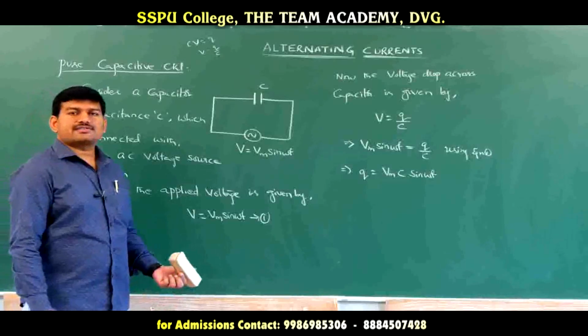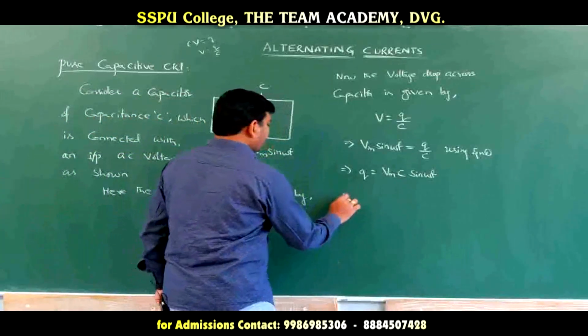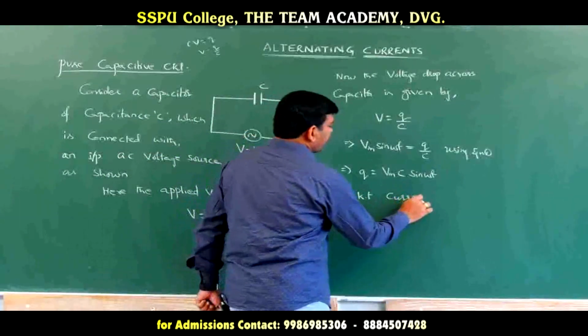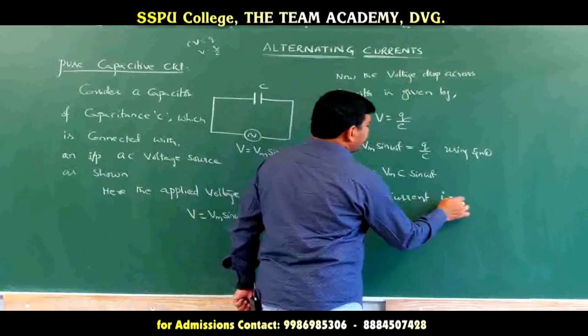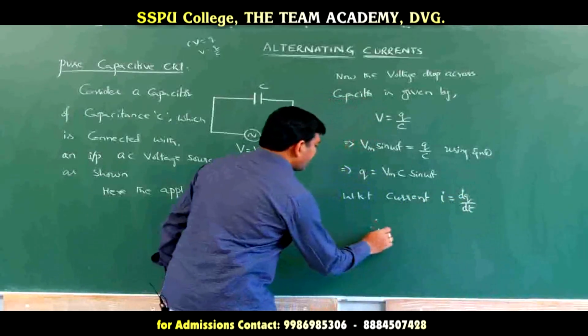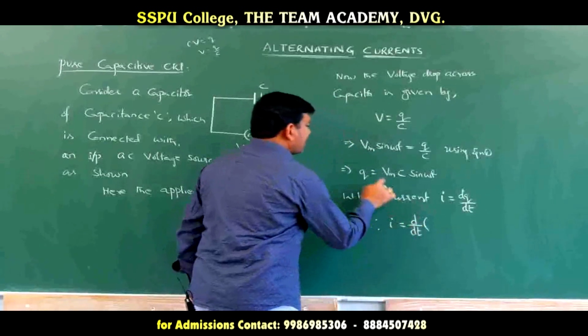How the current and charge are related? We know that current I is equal to dq by dt, is the instantaneous current formula. Therefore, I is equal to d by dt of, what is the value of Q here?